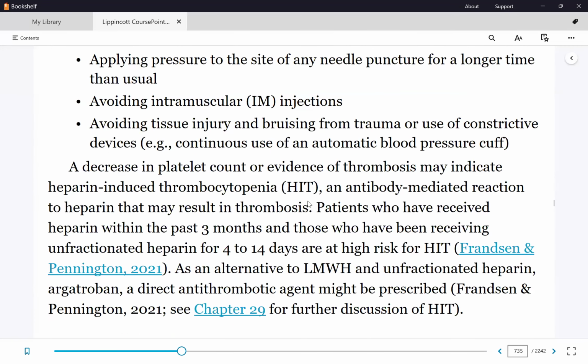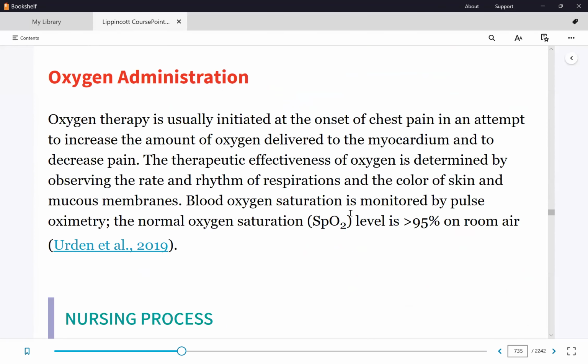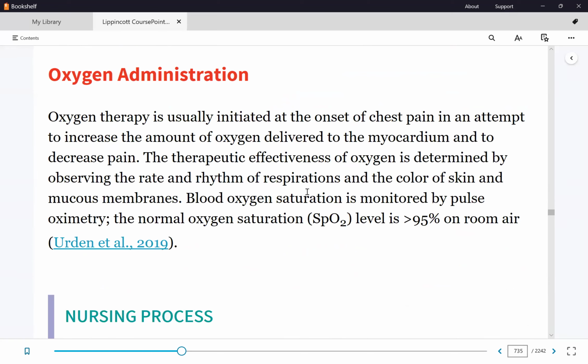You still remember HIT, right? Okay, oxygen. Now there's a little controversy about giving oxygen even if the patient is not hypoxic. But since it's still in our textbook, do we give oxygen?